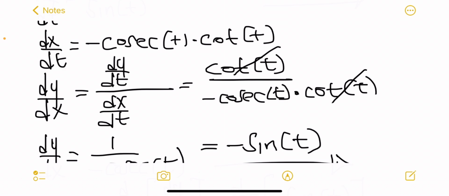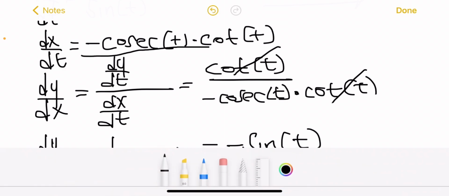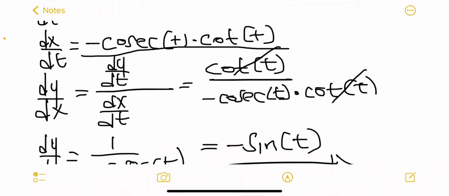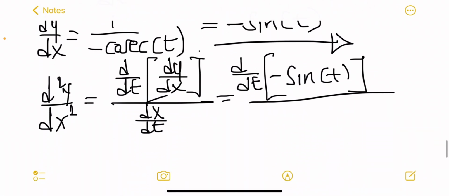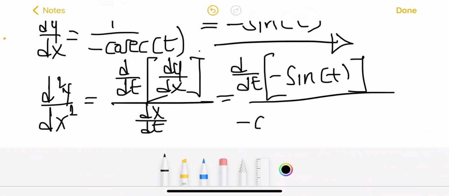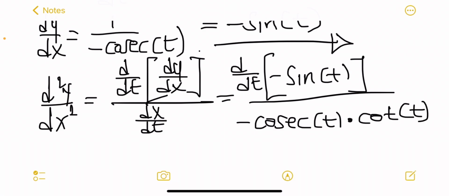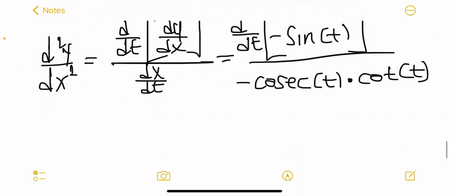Our dx over dt is equal to negative cosecant of t multiplied by cot t. This means we'll have negative cosecant of t multiplied by cot of t. And then the last step is to simplify and find your d squared y over dx squared.